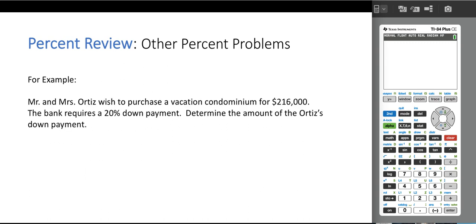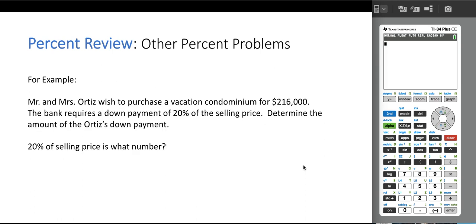Here's another example. Mr. and Mrs. Ortiz wish to purchase a vacation condo for $216,000. The bank requires a 20% down payment. Determine the amount of the Ortiz's down payment. So in this problem, we're being asked to find 20% of the selling price. So 20% of the selling price is what number?